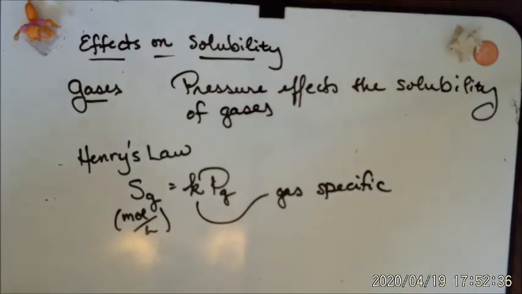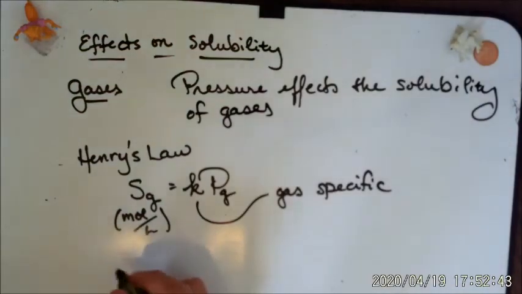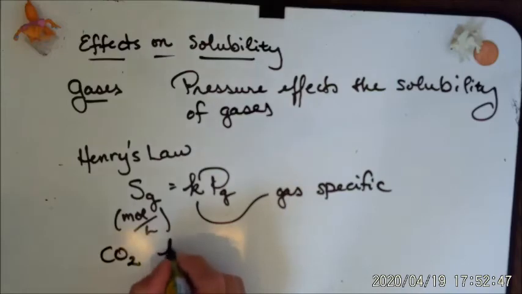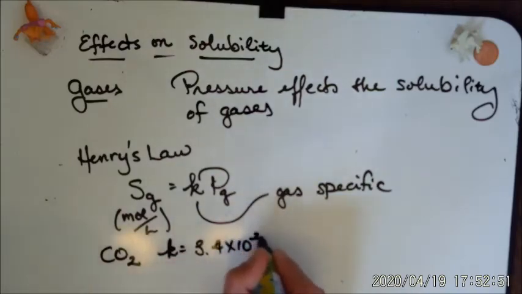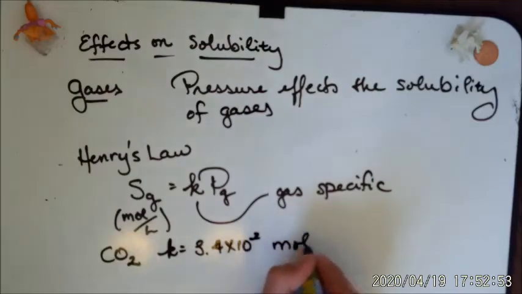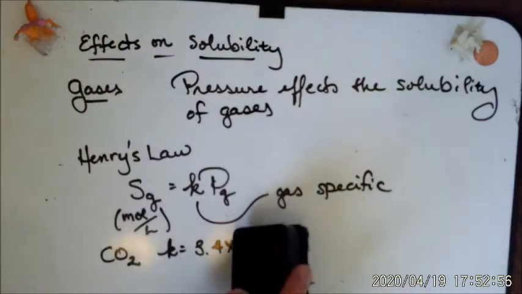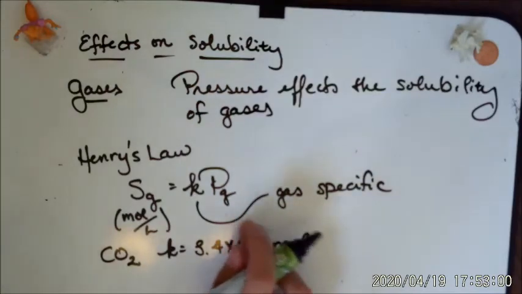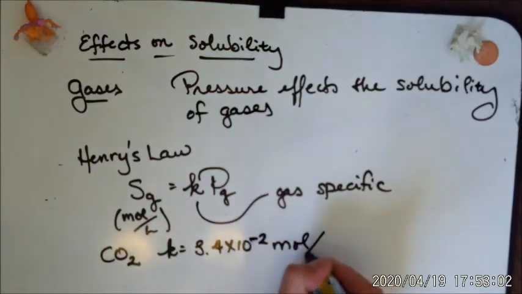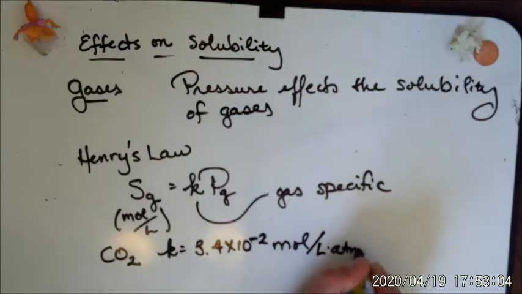So, let's say for carbon dioxide, K is equal to 3.4 times 10 to the minus 2 moles per liter atmosphere.